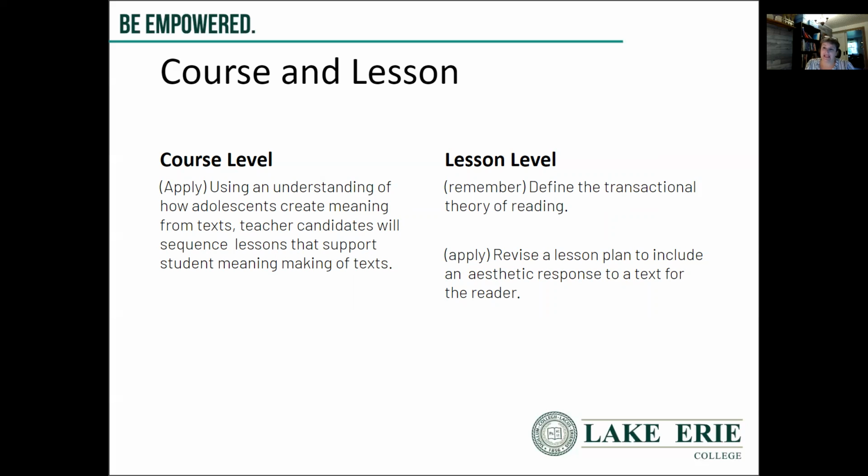Now, this is going to help me to get to that course level objective, but there's other theories that I'm going to need to introduce in order for my students to be able to understand how adolescents create meaning from texts. And so I'm going to introduce other theories and other concepts, often at the lower level, before I can get them to the point where they can apply those, synthesize that, and apply the learning on the course level to meet the course level objective.